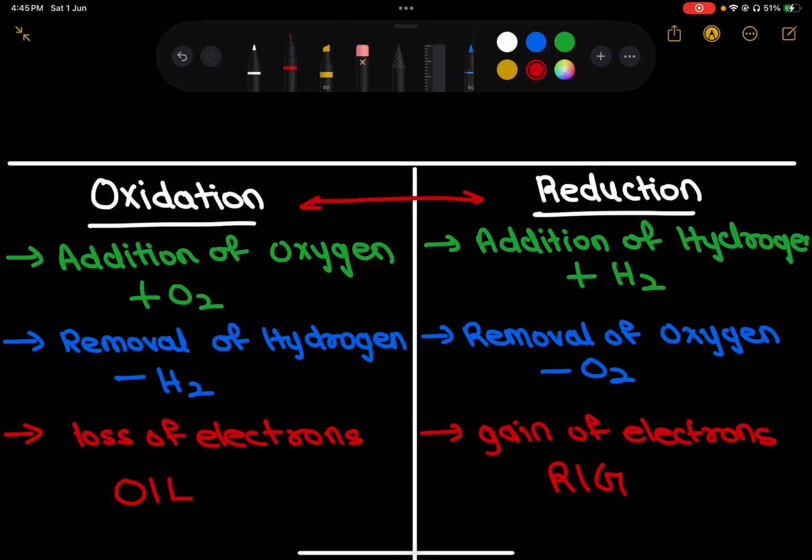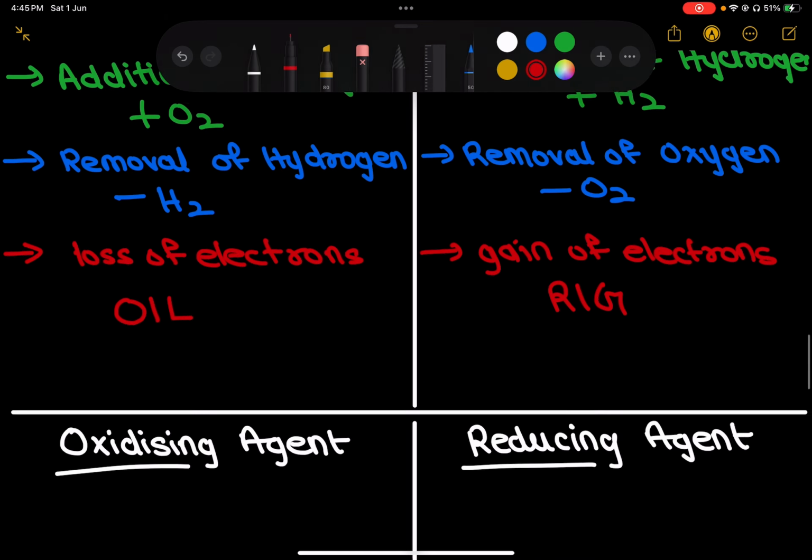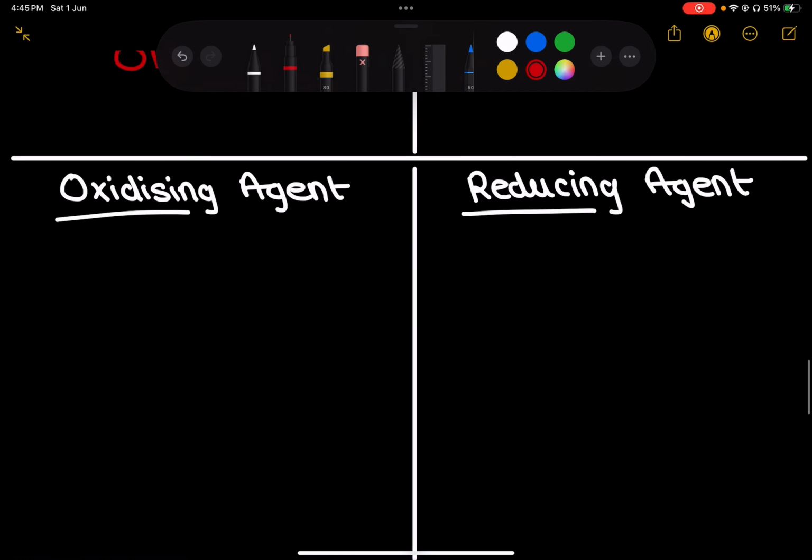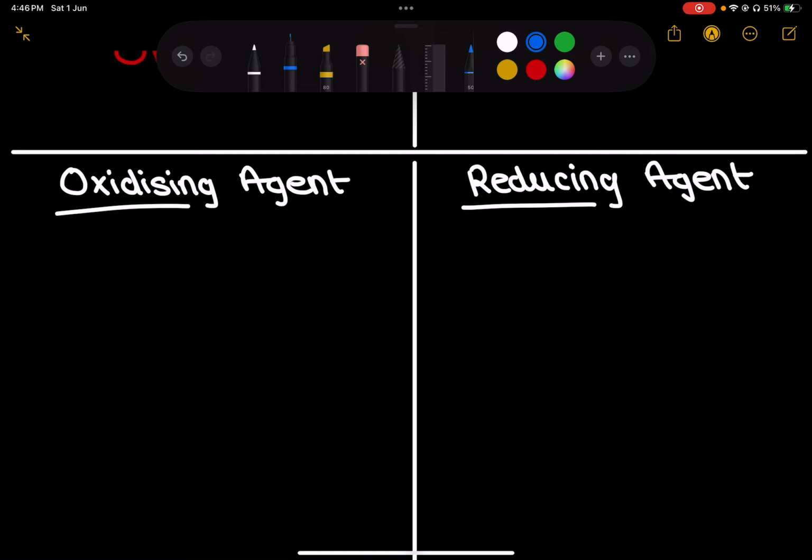These are the ones which you will write in the differentiate between question and answer. Okay. So now we have oxidizing agent, reducing agent. What does this mean? It's nothing very special. It's quite simple. Oxidizing agent means a substance that tends to bring about oxidation.